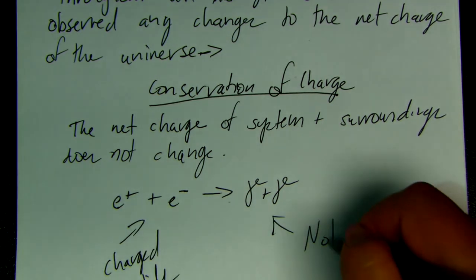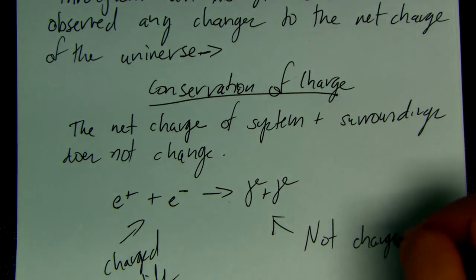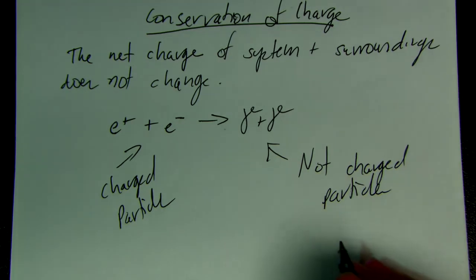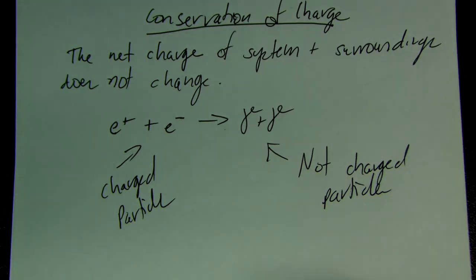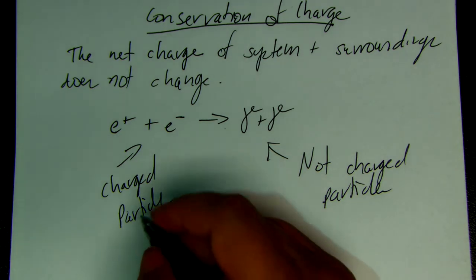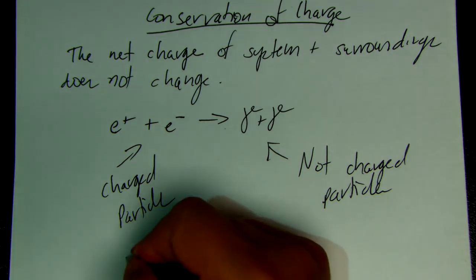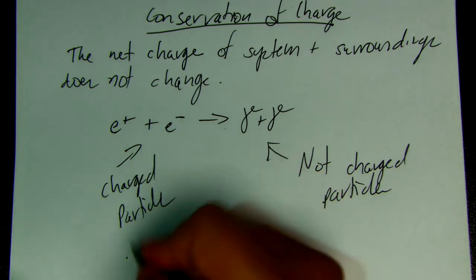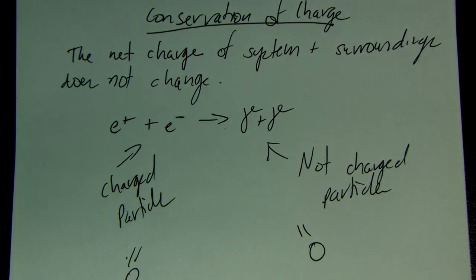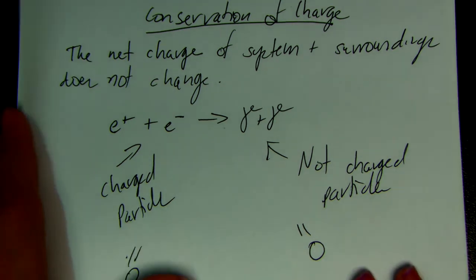Technically, these are photons. And how does this work? Well, we have the net charge over here. We have a positive and a negative, which is equal to 0. And then we have two uncharged gamma rays, which is equal to 0. The net charge does not change, even though you had charged matter becoming uncharged matter.